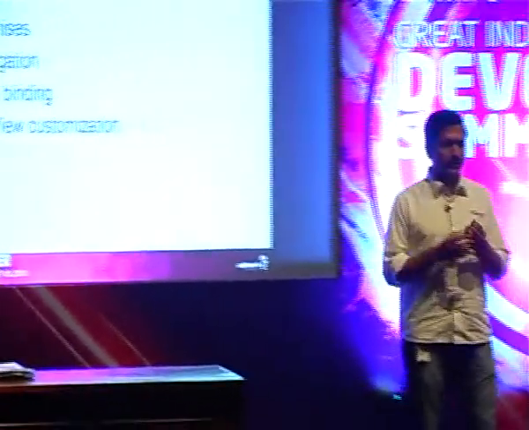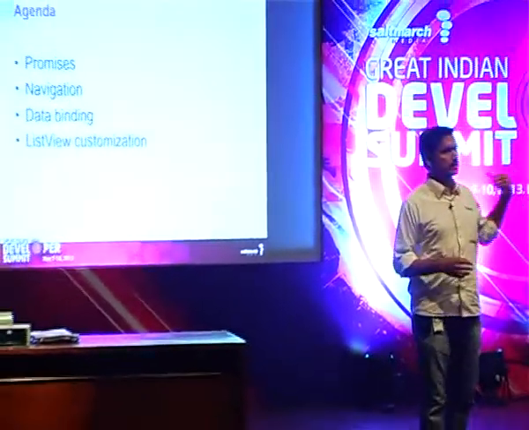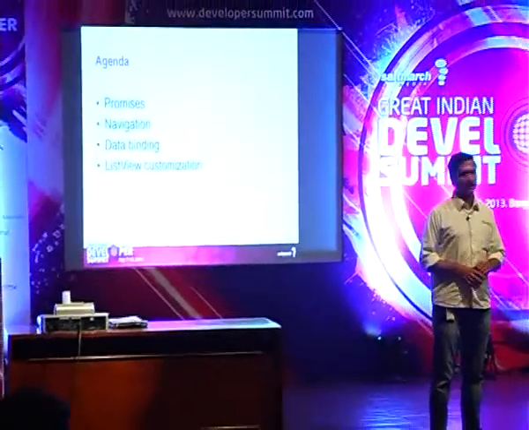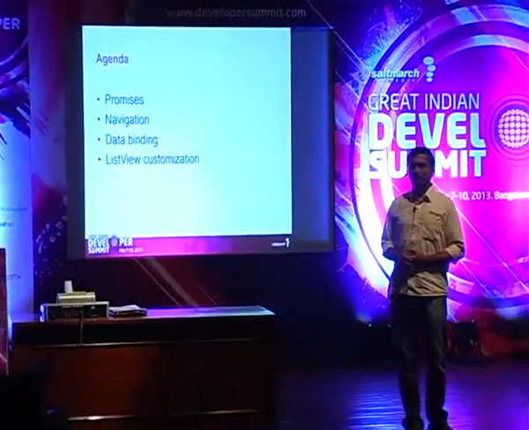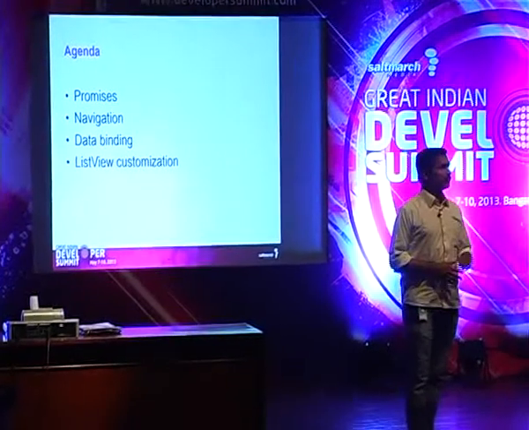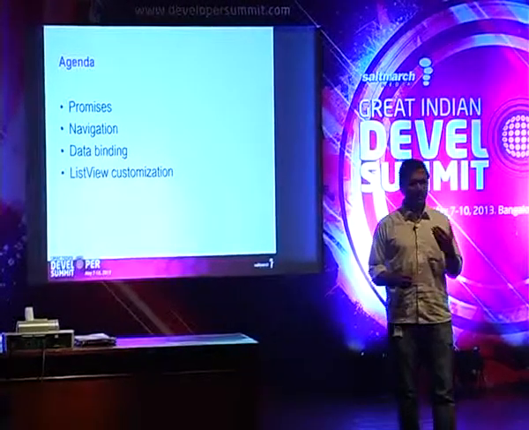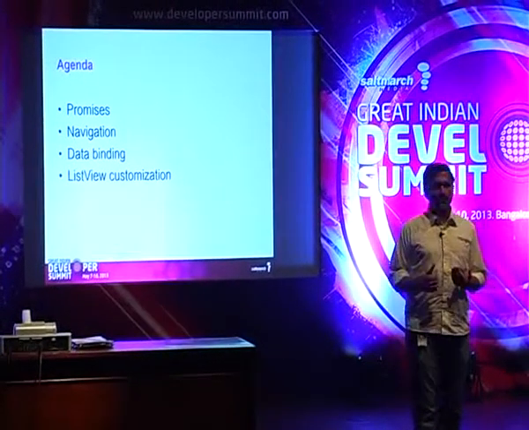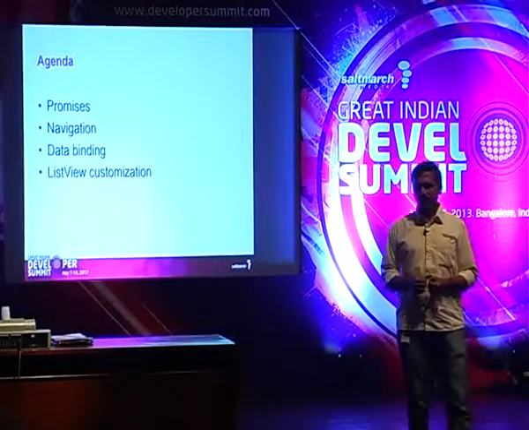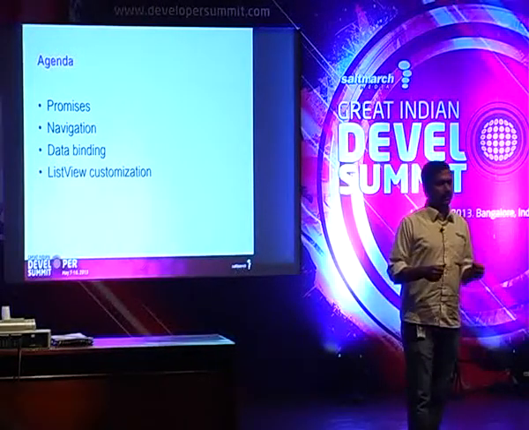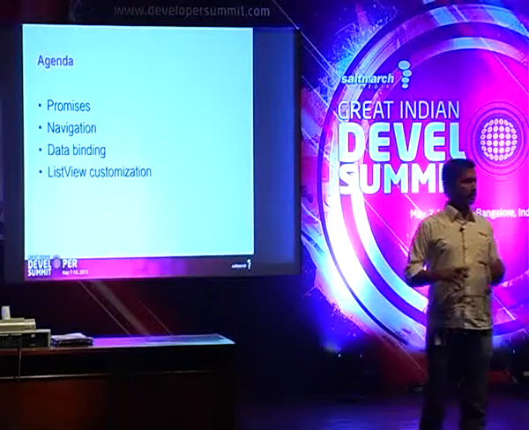So in a typical Windows Store app, these are some of the things that you will find yourself encountering a whole lot. The first that we'll talk about is promises. If you notice these days, pretty much anything that you do in an application tends to be asynchronous, right? So it is no longer acceptable for an application to go do something and then freeze the user interface while it's doing that.